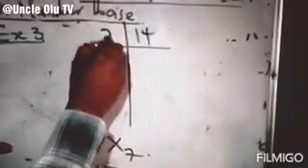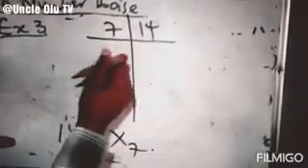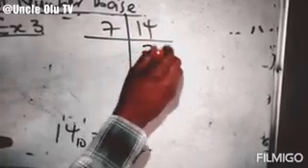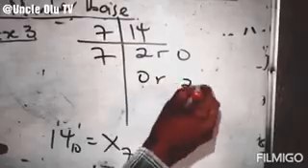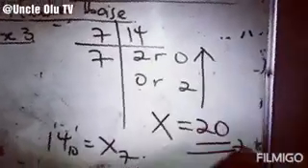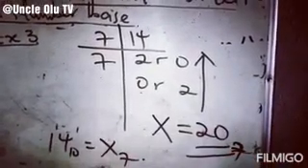By division. How many 7s can we see? 14 divided by 7 is 2, remainder 0. Read it upward: 20 base 7. That's the final answer for this.